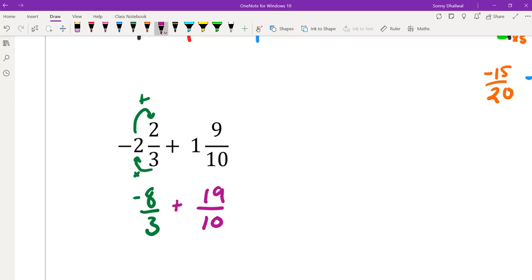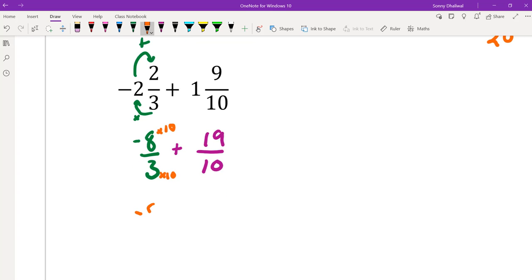Okay. Now, can we simply add these together? Are we ready to go? Yes, Chloe loves this, huh? Okay, Chloe, what do we have to do? We're going to make the denominators the same. And what number would the denominators need to turn into? 30. All right. So the first one, 3 times 10 gives me 30, so I multiply the top and bottom by 10.